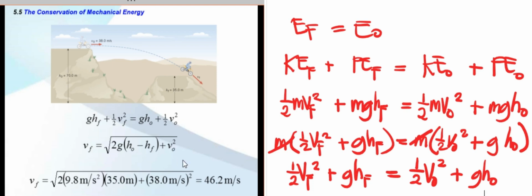Substituting all the givens into this equation, we get the velocity of the motorcyclist as it passes the 35-meter canyon. The final velocity is equal to 46.2 meters per second. So this is an example of solving a problem with the principle of conservation of mechanical energy.